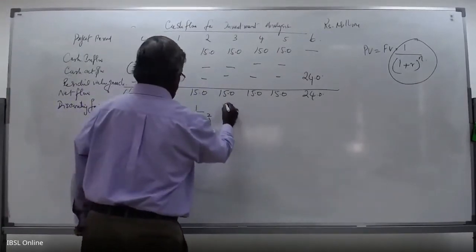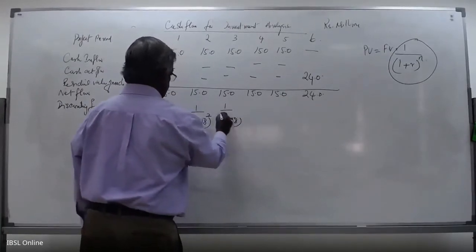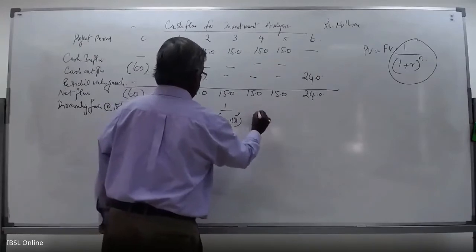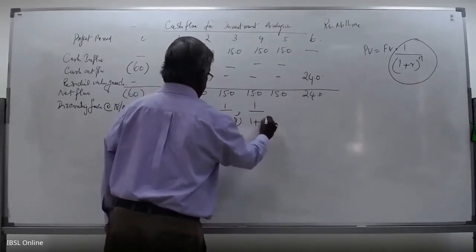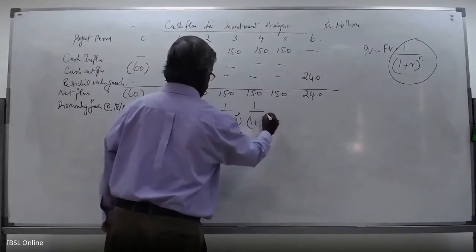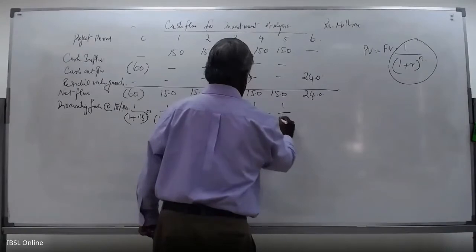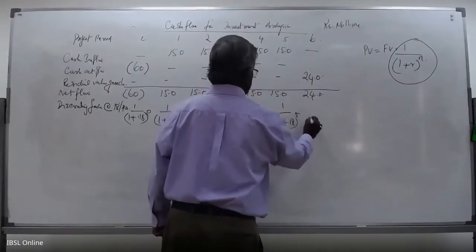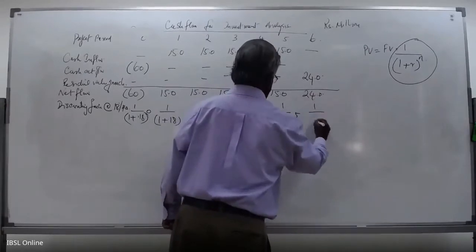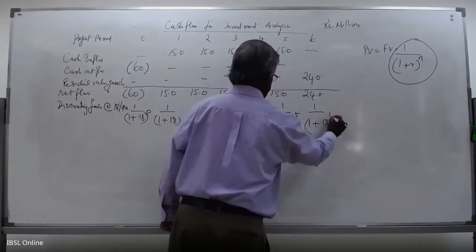Then 1 divided by 1 plus 0.18 to the power 3. Then 1 divided by 1 plus 0.18 to the power 4. Then 1 divided by 1 plus 0.18 to the power 5. 1 divided by 1 plus 0.18 to the power 6.